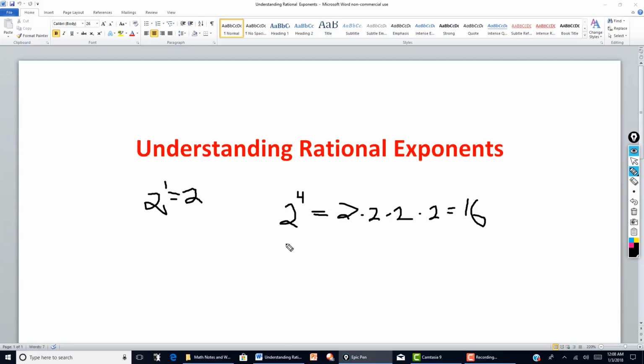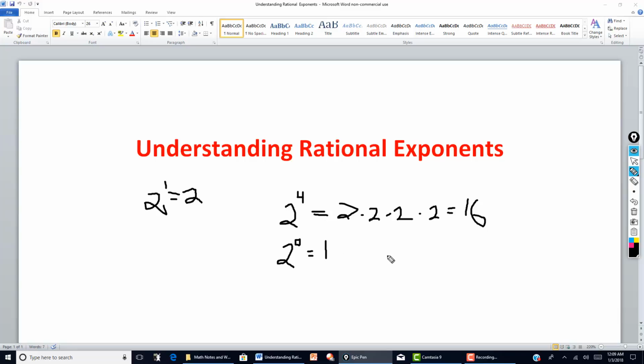And then we showed if you had an exponent of 0, say 2 to the 0, this is going to be 1. It doesn't matter what the number is. If the exponent is 0, the answer is always going to be 1, as long as the base is not 0. 0 to the 0 is not defined.